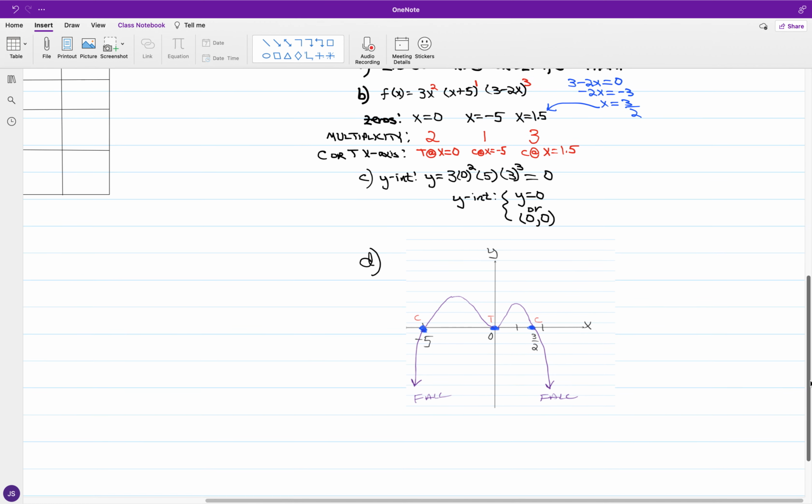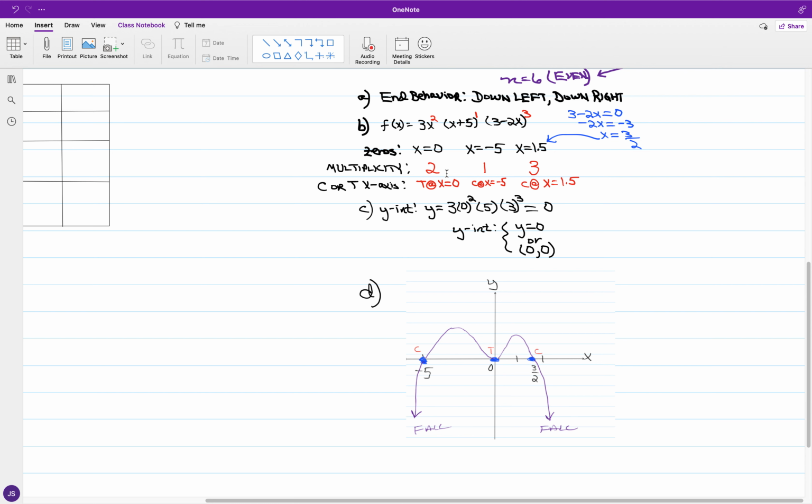With our respective zeros on the x-axis, we have x equal to 0, x equal to -5, x equal to 3/2 or 1.5, and again the end behavior: extending from the leftmost and rightmost zero, you have it moving down both ways.